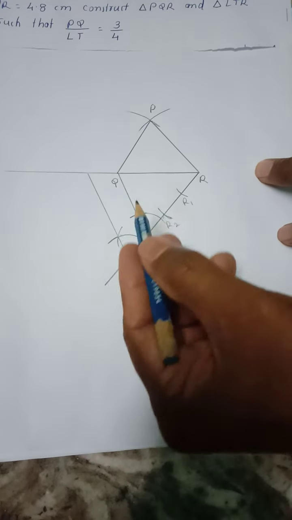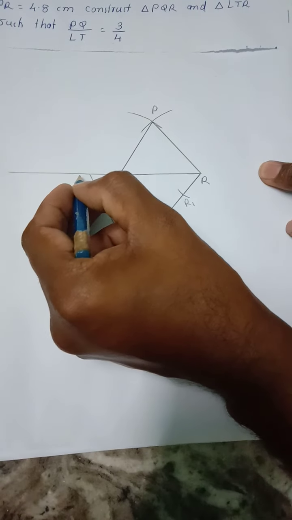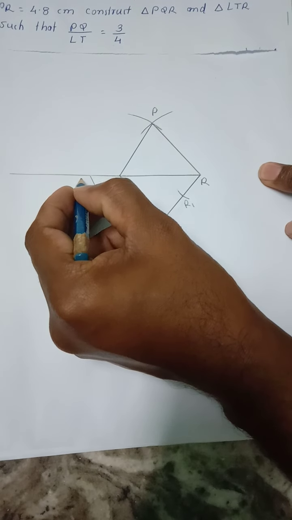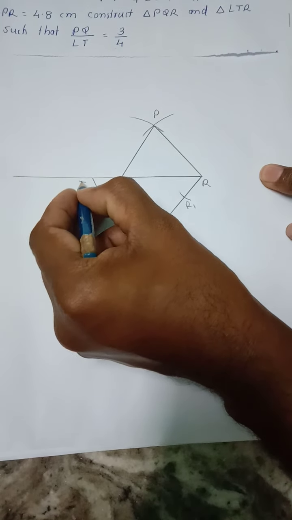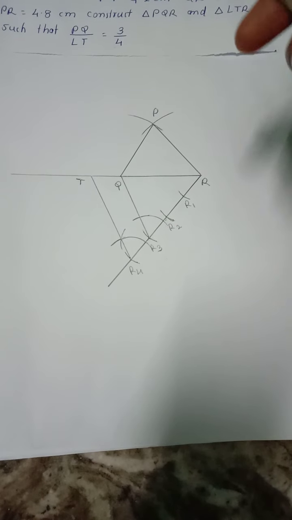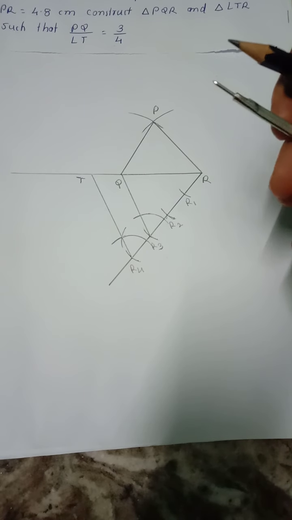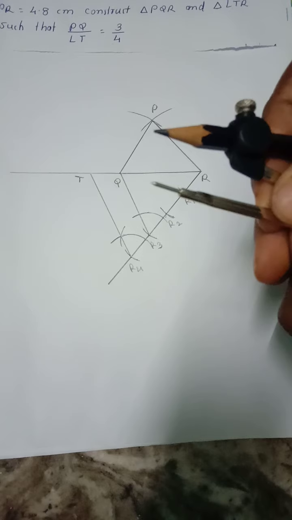Now we got a point here, T. Okay. Now the same process we will again follow. Keep the small distance in compass.